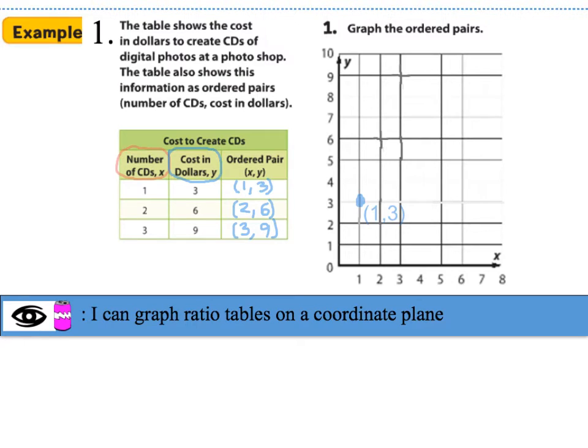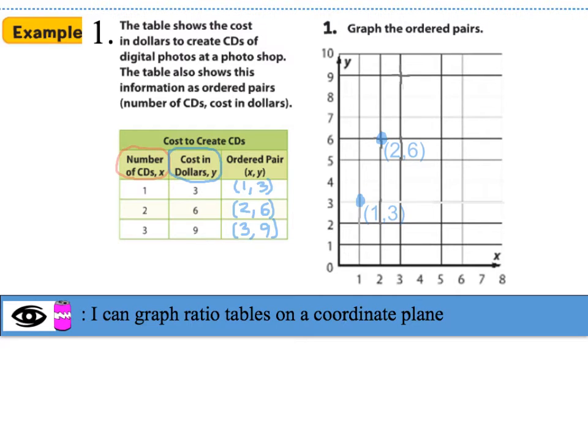Our second point that we're going to graph is 2, 6. So I'm going to start at 0, 0 once again. And I'm going to move 2 spots on my x-axis. And I'm going to move up 6 spots, 1, 2, 3, 4, 5, 6, on my y-axis. So the second point is located at 2, 6.